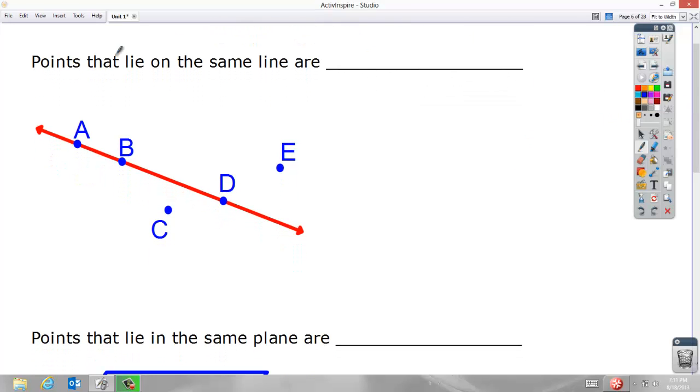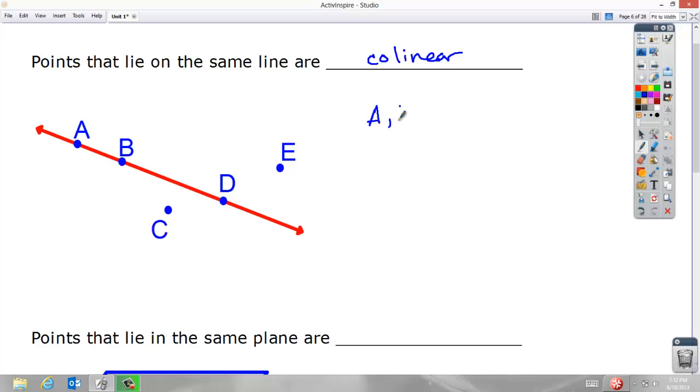All right, next thing. Points that lie on the same line are collinear. Collinear just means same line. So if we look at this picture here, pretty basic concept, no tricks here. Can you name the points that lie on this line? There's A, B, C, D, and E. Clearly, C and E are not on this line.